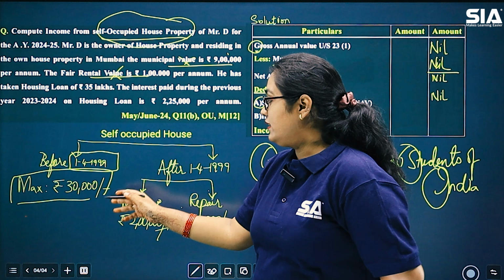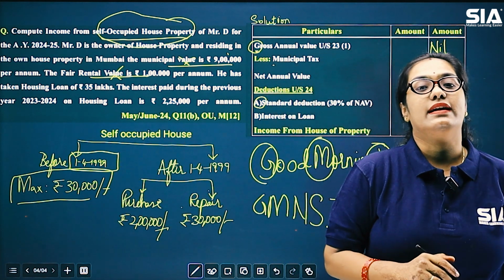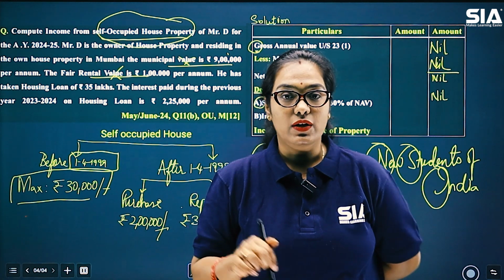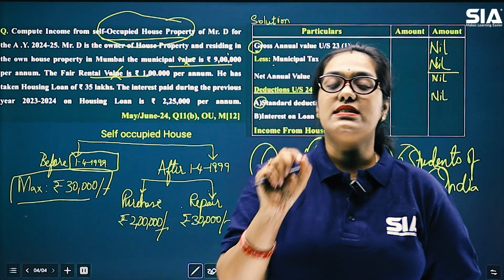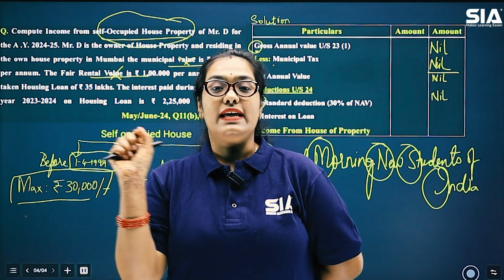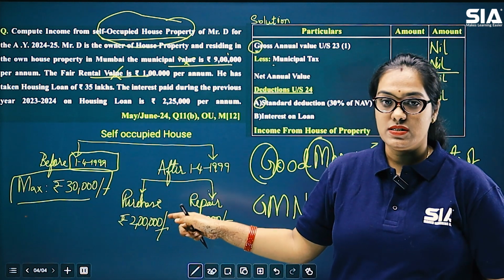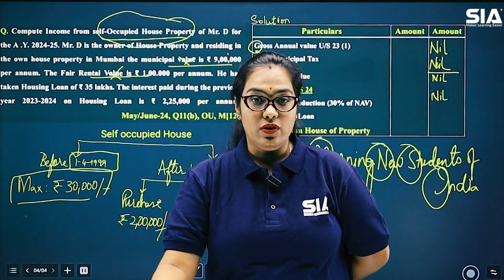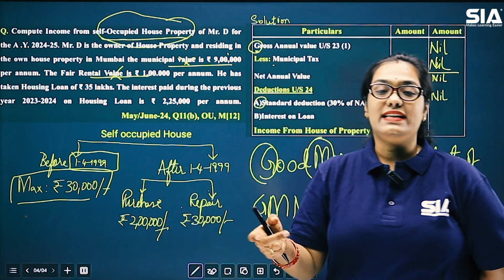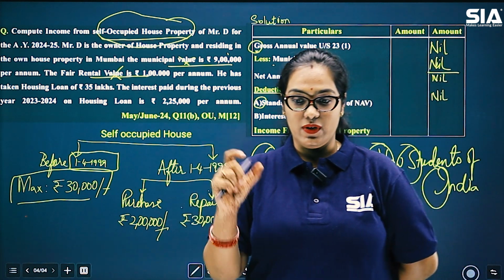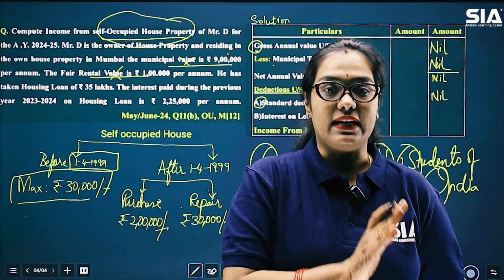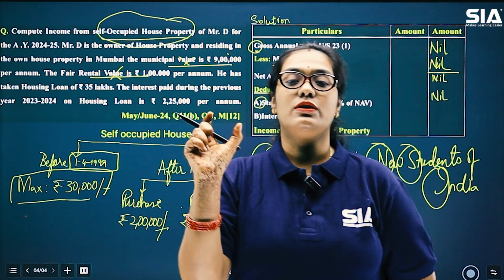But if it is after 1st April 1999, then what do we do? In that case, you have to see what the loan is taken for. Is the loan taken for purchase, or for construction of the house, or for repairs and renovation? So whenever it is after 1st April 1999, the purpose of the loan is important.